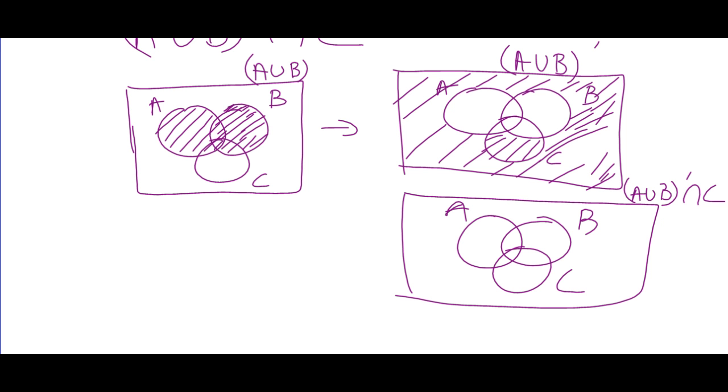Just this part here. So where does all of this shaded region intersect with C? Just this. Okay, so another way to say that would be to say only C, right? Just C. Not C and A, not C and B, not A, B, and C, just C and nothing else.